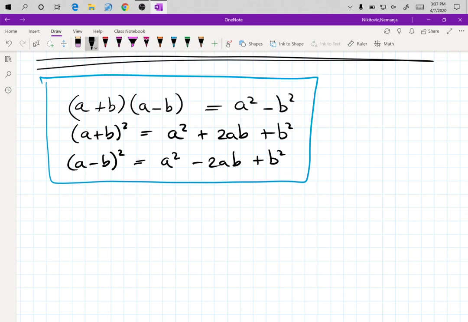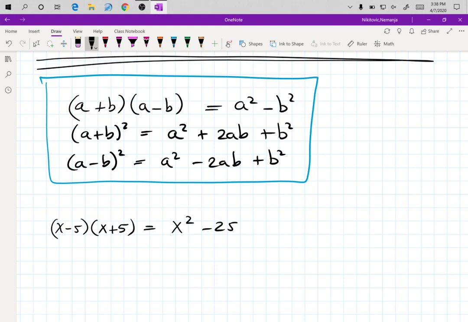So just want to one more time show this. If I have x minus 5 times x plus 5, then we have x squared minus 25, because my a was x, my b was 5, and I just plugged them in. So x squared minus 5 squared, which is 25.